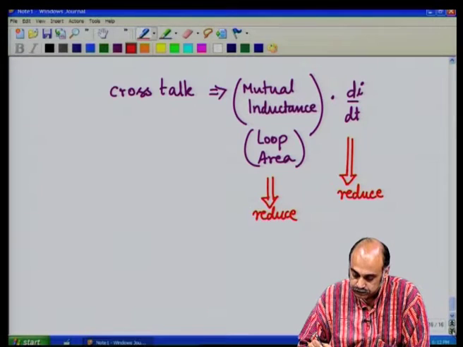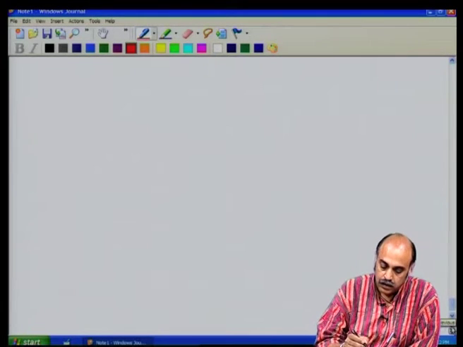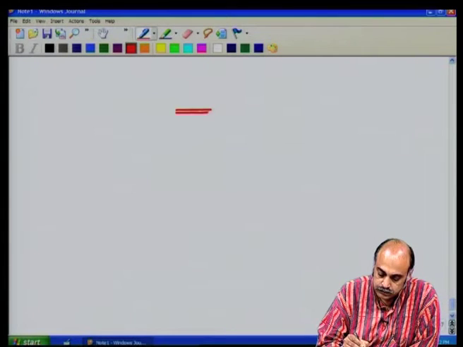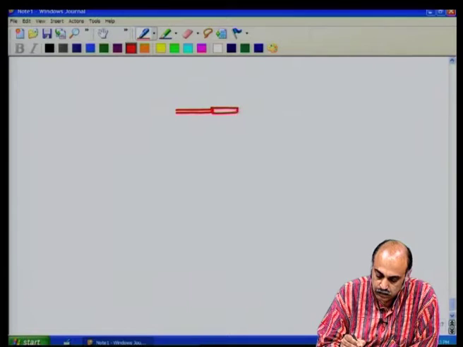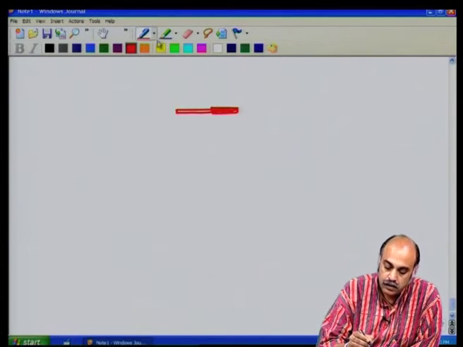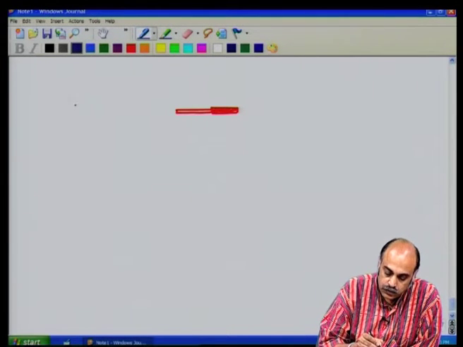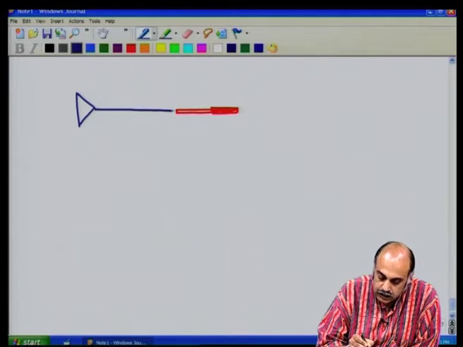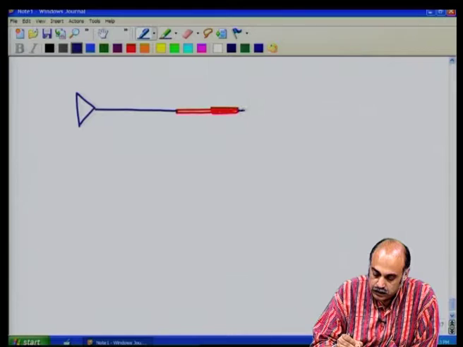So, let us see. Let us say, for example, you have one connection in this fashion, and you have a driver circuit which is connected like that, and it goes on to the receiver side circuit.